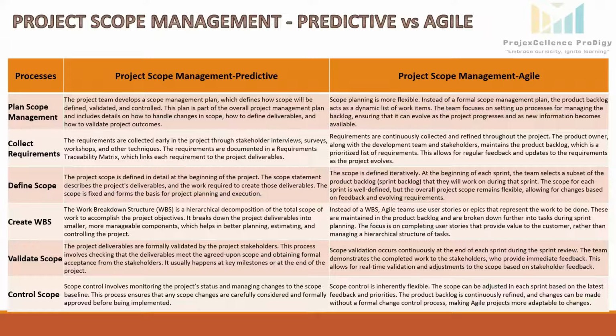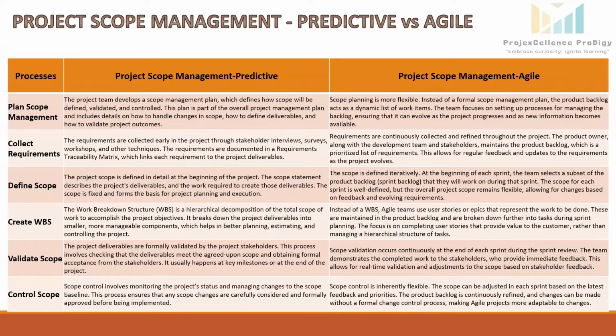Third process is define scope. In predictive, the project scope is clearly defined at the beginning, which will detail all the work required to deliver the project. This scope is fixed and guides the planning and execution of the project. Whereas in Agile, the scope is defined in short, repeatable cycles.